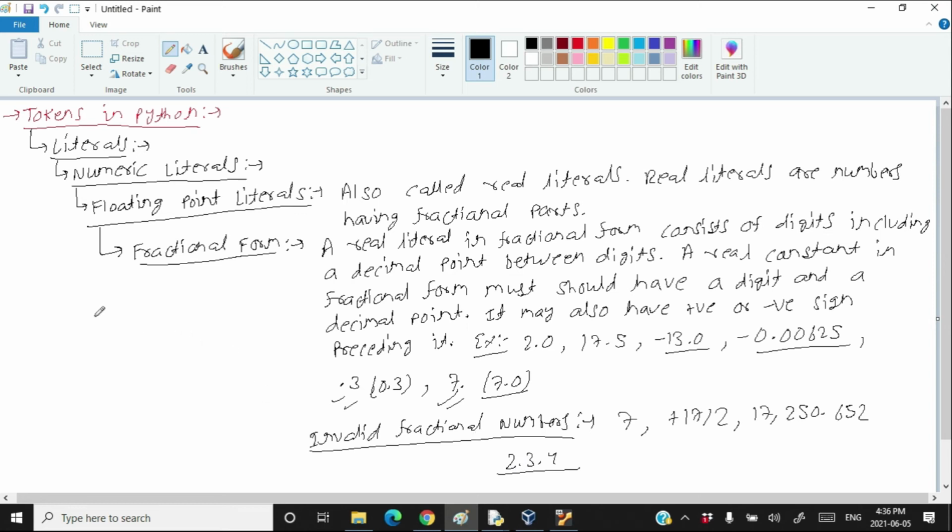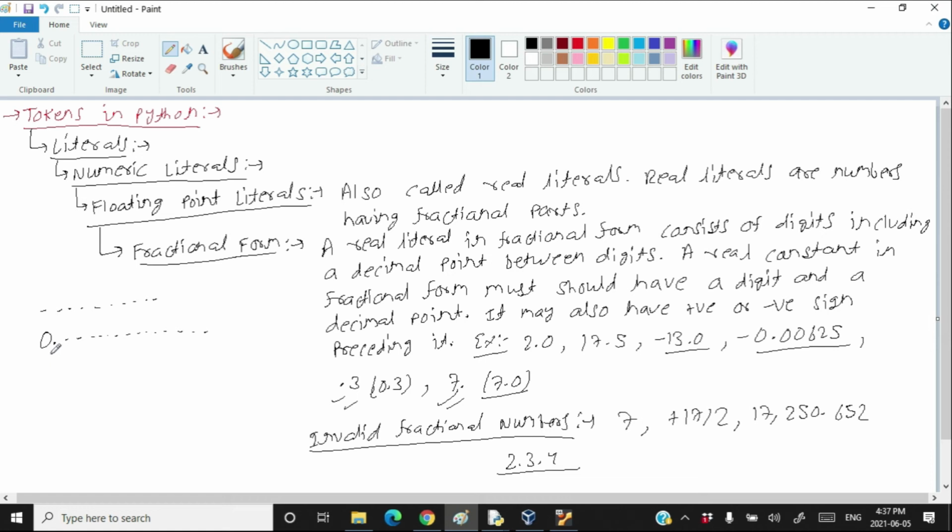But there is a limitation with fractional numbers. Suppose that you have to write a very big number like the distance from Earth to Proxima Centauri. That will be a very big number if you write it in the fractional form. Suppose you want to write a very small number, like the mass of an electron. It will take a lot of digits after the point to represent the mass of an electron in the fractional form.